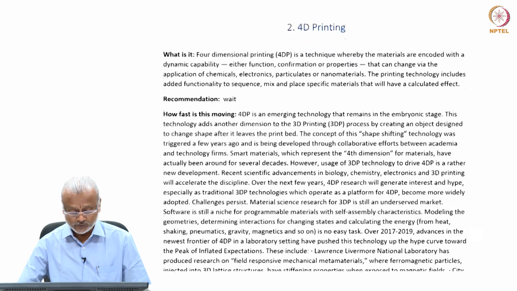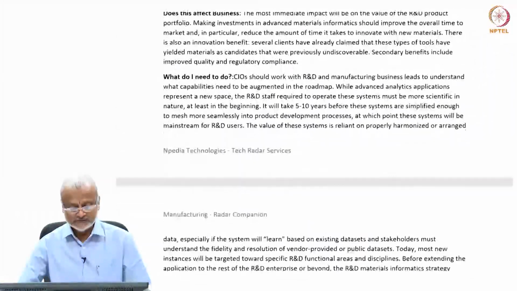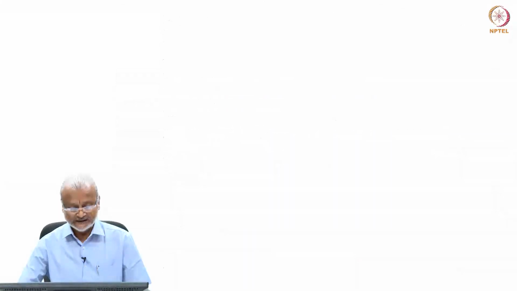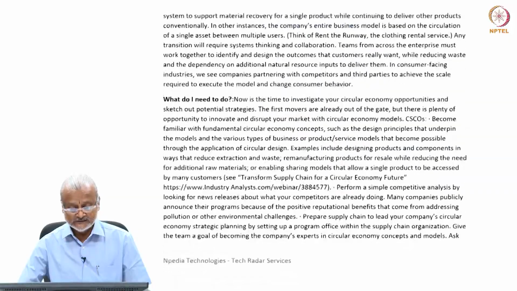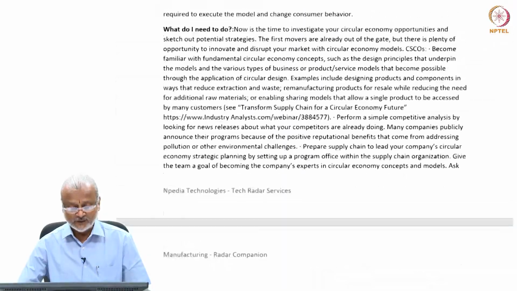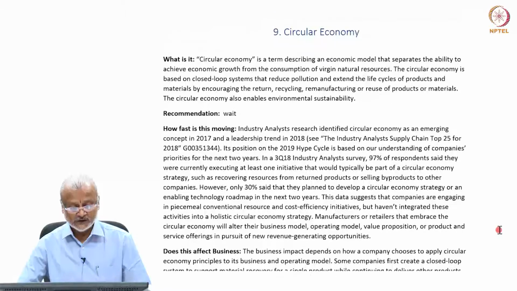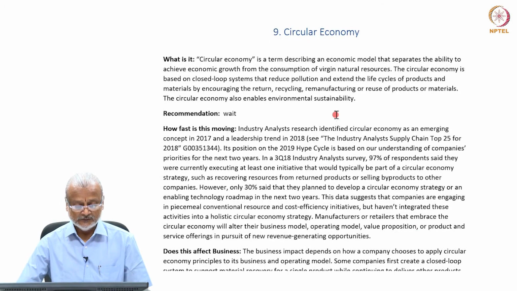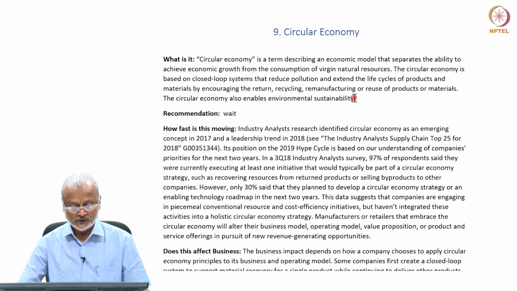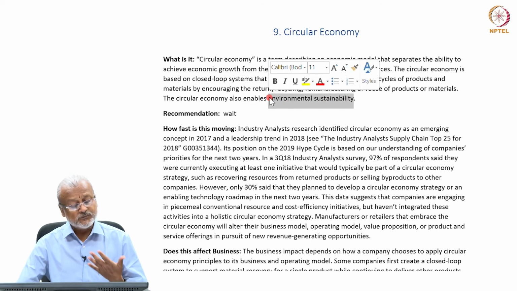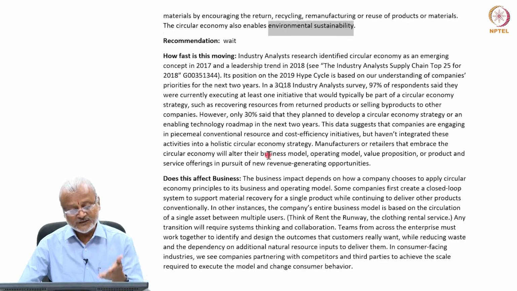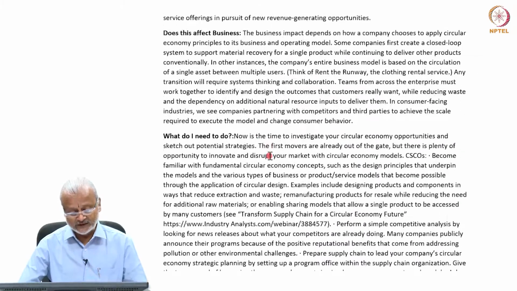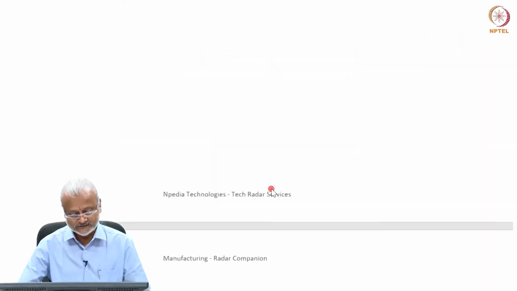Let us look at something like circular economy. Every other industry wants to look at environmental sustainability. It becomes a very important one. It says wait, but you can give it a trial and do a watch on that, right.